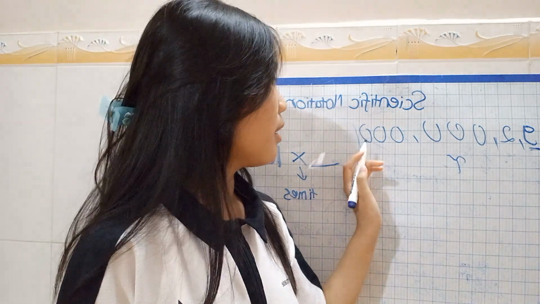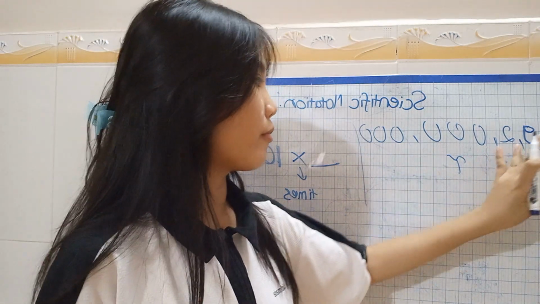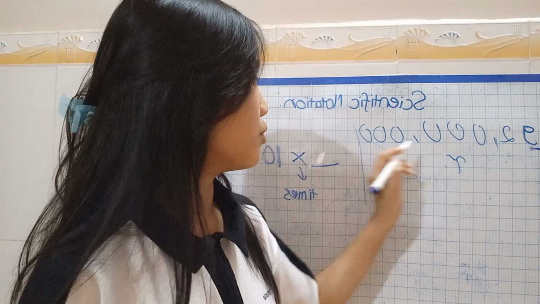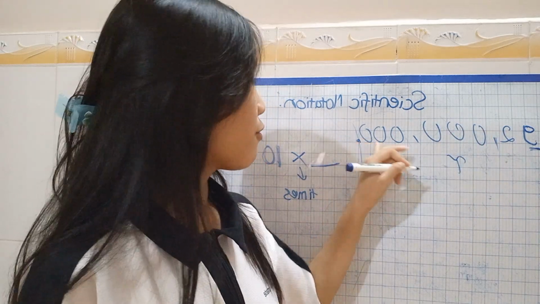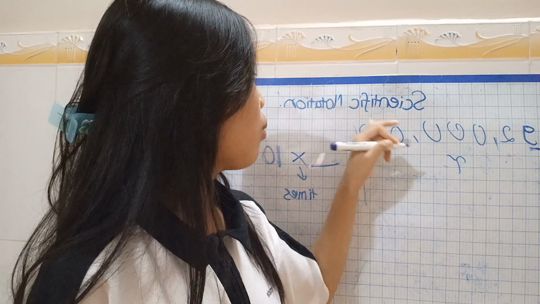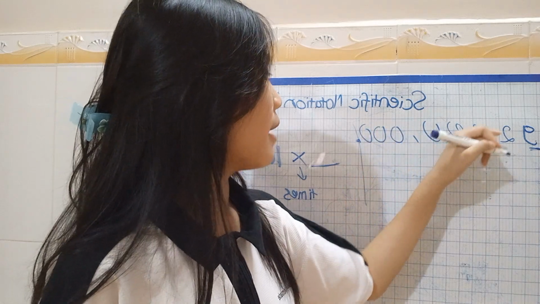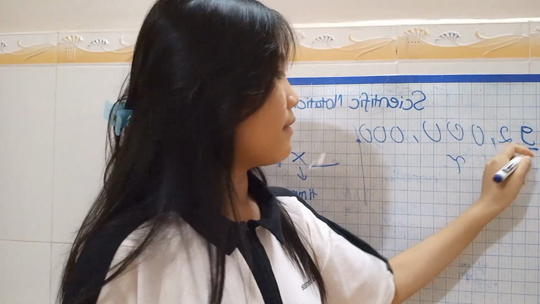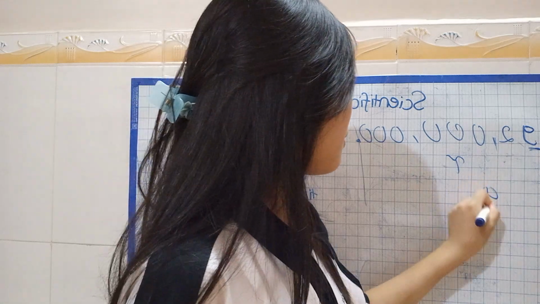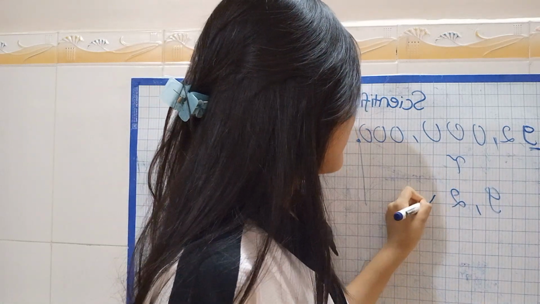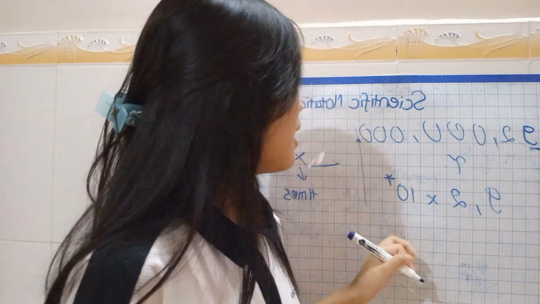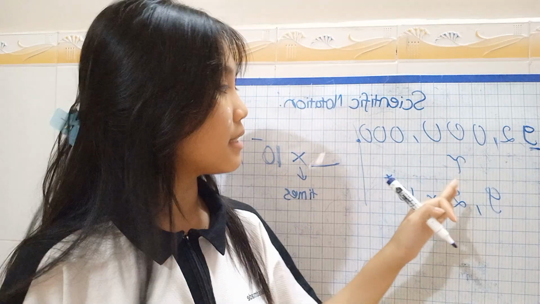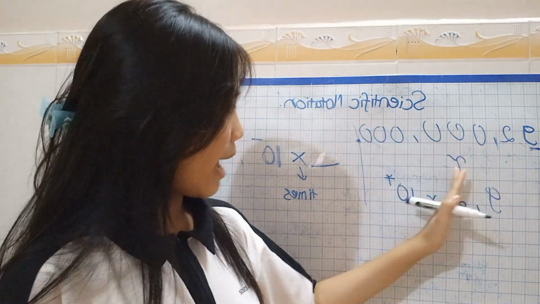If we want it in that form, then we need to move the decimal point from this number 1, 2, 3, 4, 5, 6, 7 digits. So that means over here we'll have 9.2 times 10 to the power of 7. So that is the scientific notation of 92 million.